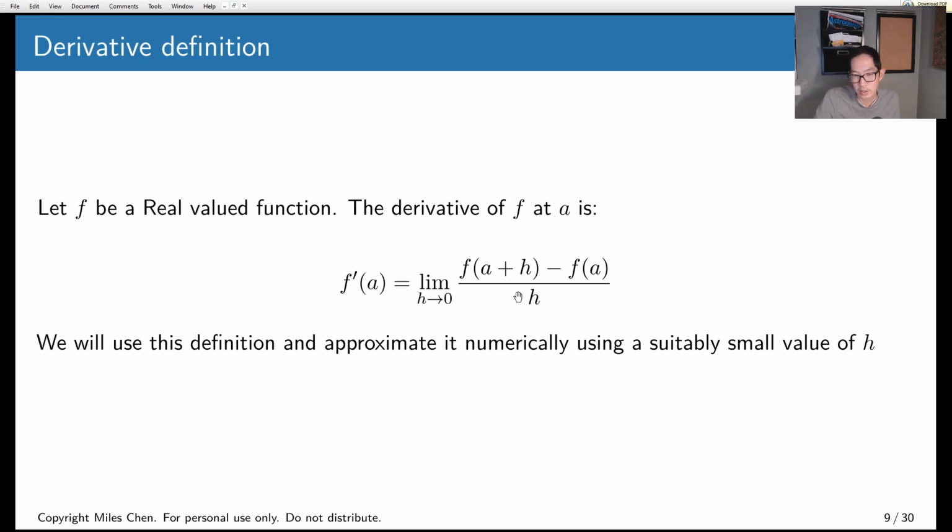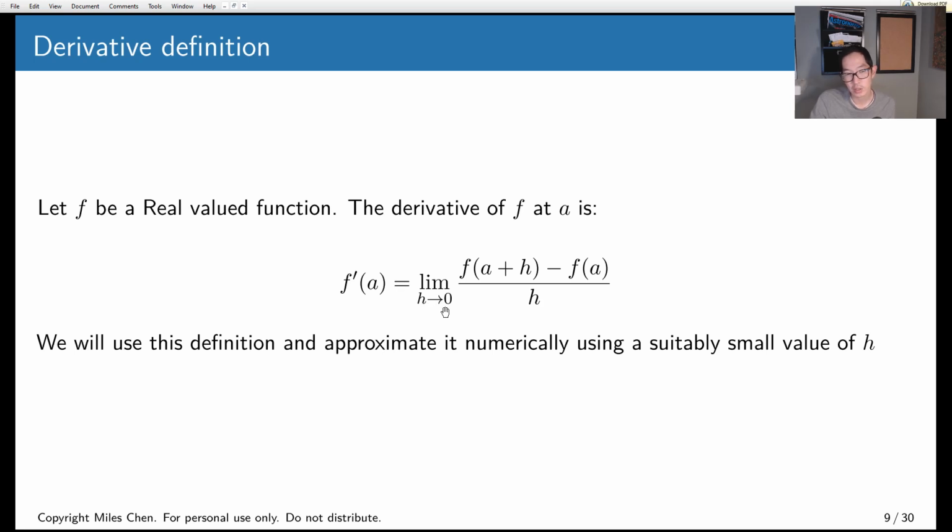So we add h to a, and we ask, what is the value of the function there? Then we ask how much the value of the function changed from a to a plus h. That's the change in the rise, and then we divide by how much we added to a, which is h.